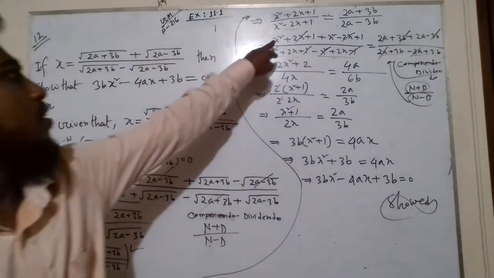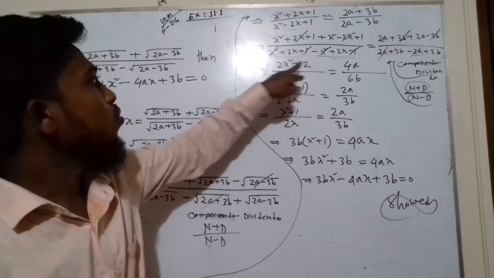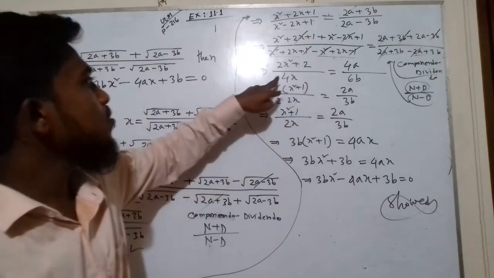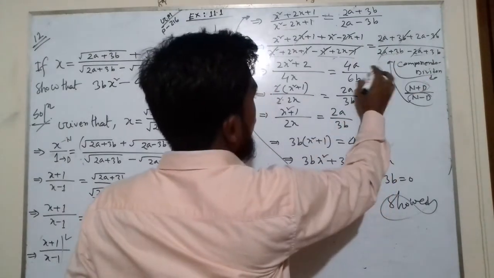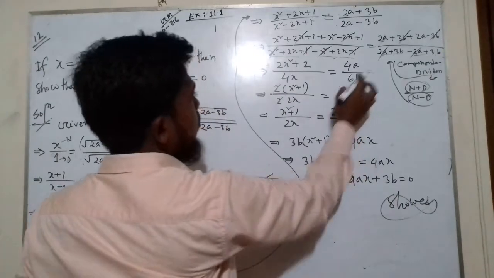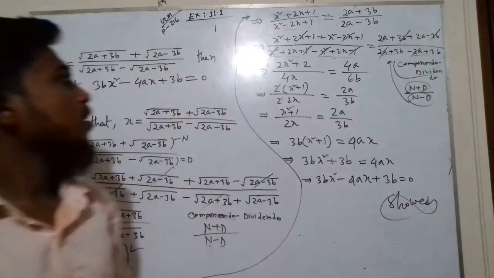So we can write x square plus x square, this is 2x square, 1 plus 1, this is 2. So 2x square plus 2 divided by 2x plus 2x, this is 4x, and 2a plus 2a equal to 4a, and 3b plus 3b, this is 6b. So 4a divided by 6b.